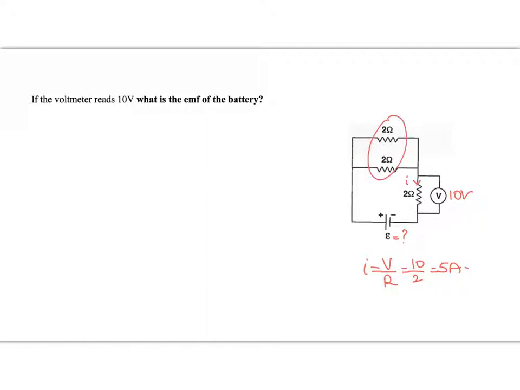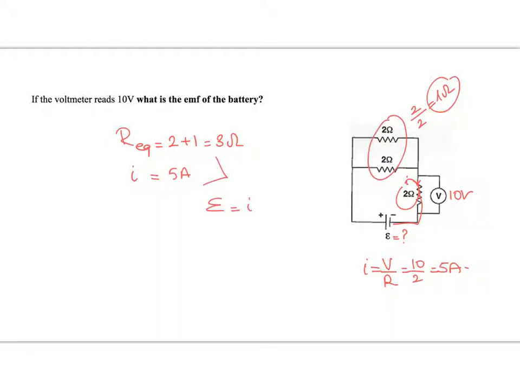Now 2 and 2, they are in parallel, so as they are equal, I can divide into the branches, which is equal to 1 ohm. 1 ohm and 2 ohm are in series, so the total resistance in the circuit is equal to 2 plus 1, which is equal to 3 ohm. The total current, the current in the main circuit is equal to 5 ampere, so the electromotive force of the battery is current times resistance, 5 times 3, which is equal to 15 volt.